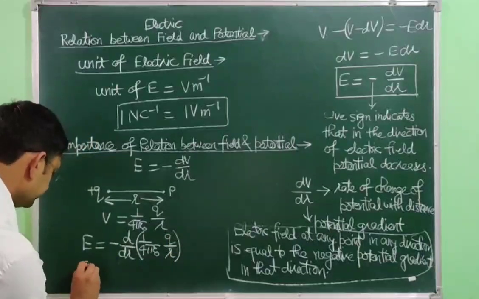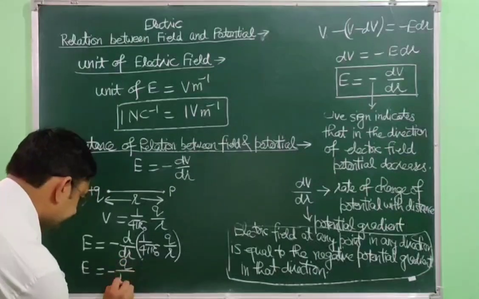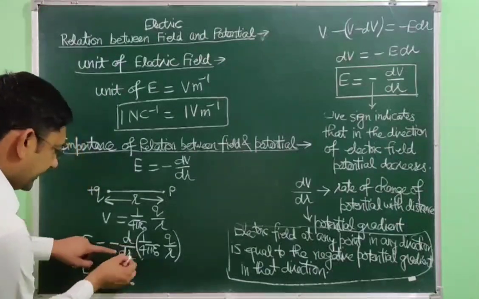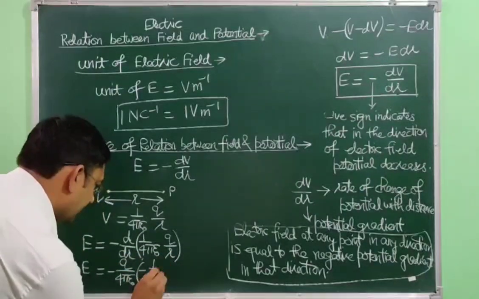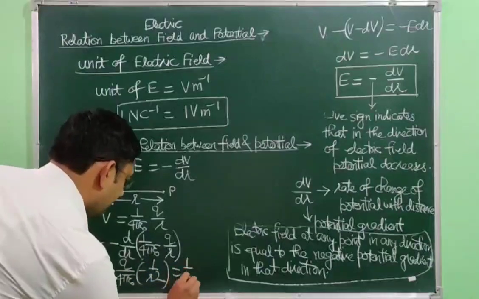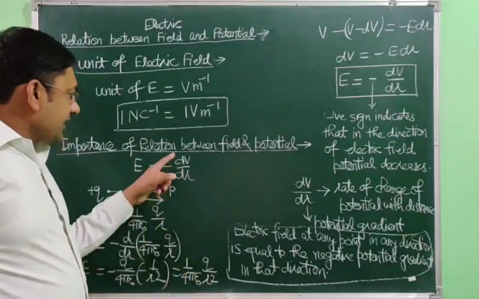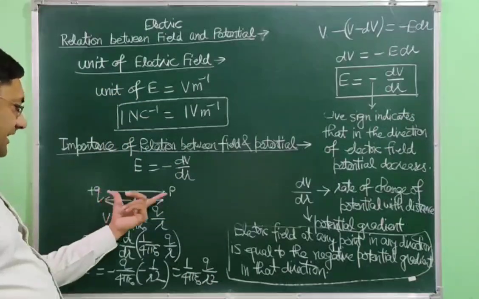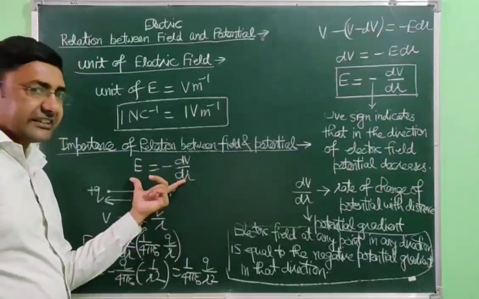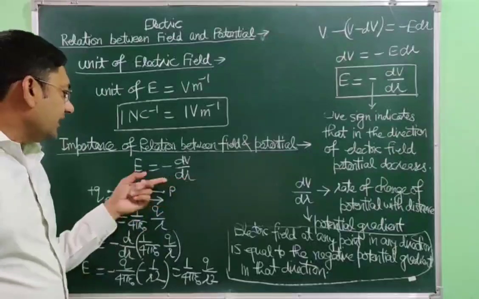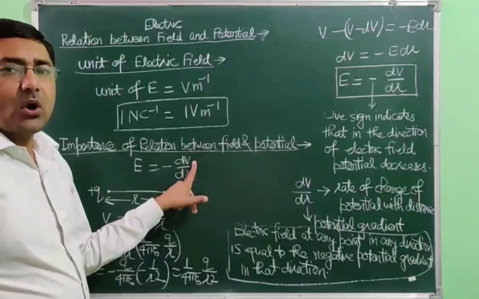And E equals minus, Q upon 4 pi epsilon naught is constant, so Q over 4 pi epsilon naught, and d over dr of 1 upon r, and that will be minus 1 upon r square, and minus cancels minus, and this is 1 upon 4 pi epsilon naught, Q over r square. और ये फील्ड होगा किसी पॉइंट चार्ज से r डिस्टेंस पर. So this is the importance of this relation, that we can calculate the value of electric field with the help of potential at that point.